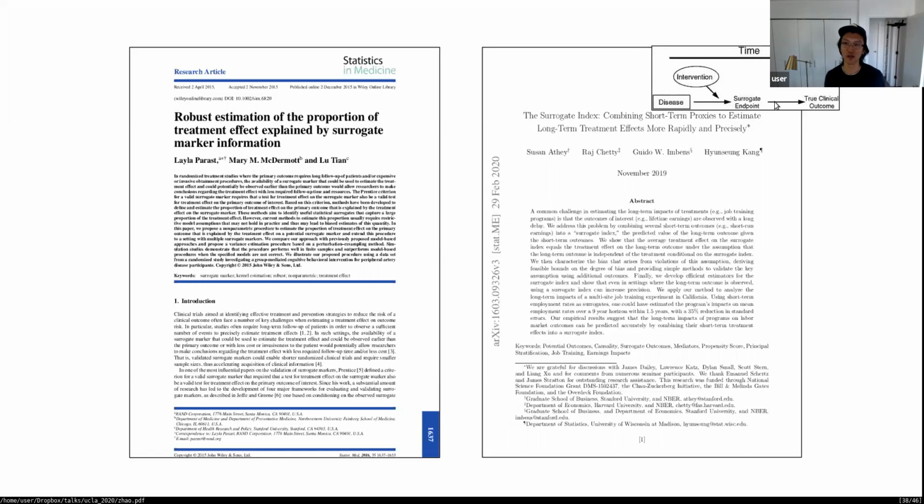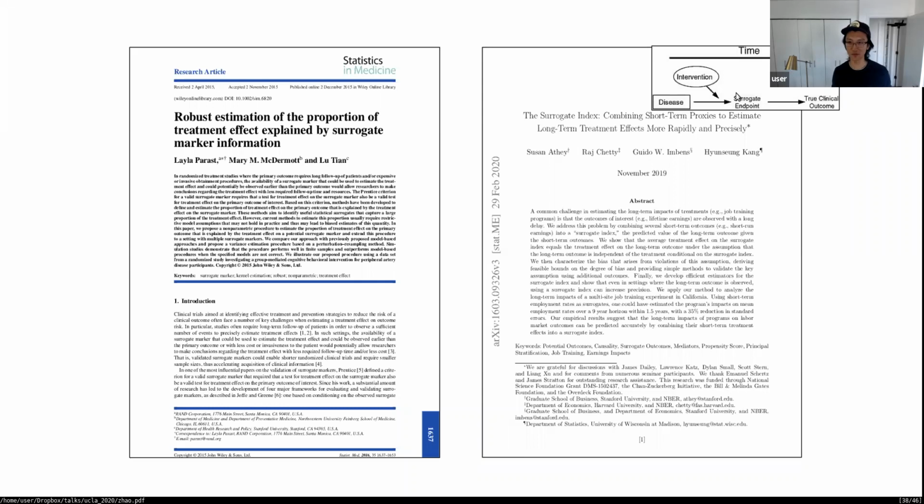So if you want to capture the effect of the drug on the outcome, but you can't really measure the outcome, it'd be great if you could just look at the effect of the drug on the surrogate. And then that hopefully will be able to tell you a lot about what the true outcome effect would have been.